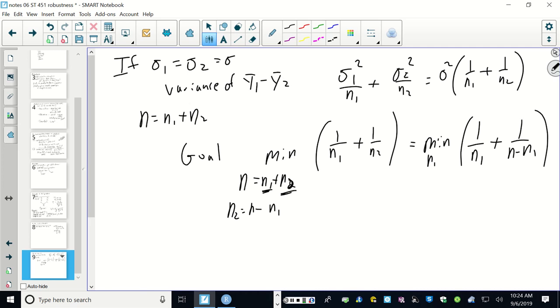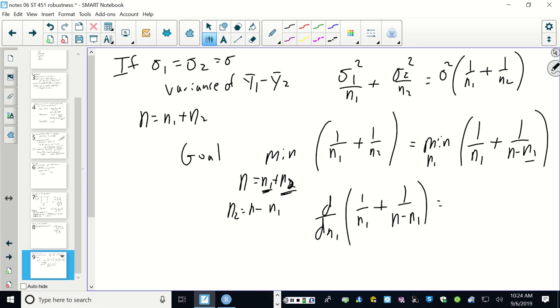To find a minimum or maximum of a function, we use a derivative. So you can take a derivative of this measure, 1 over n1 plus 1 over n minus n1, with respect to n1, because n1 is what we're going to choose.